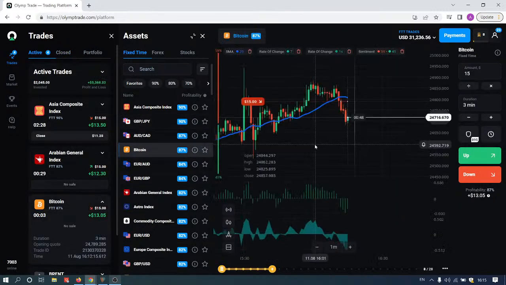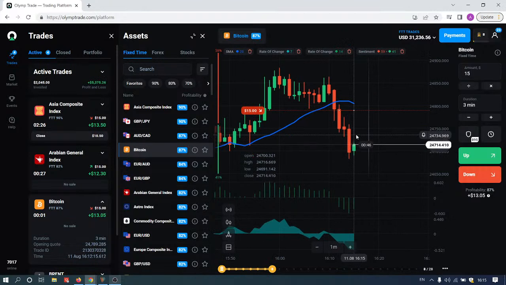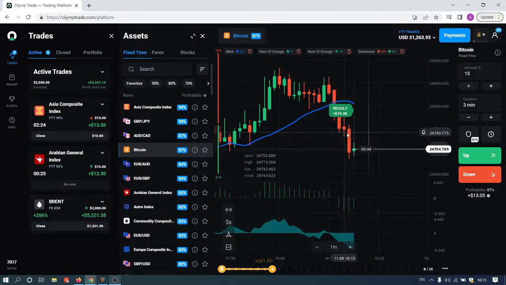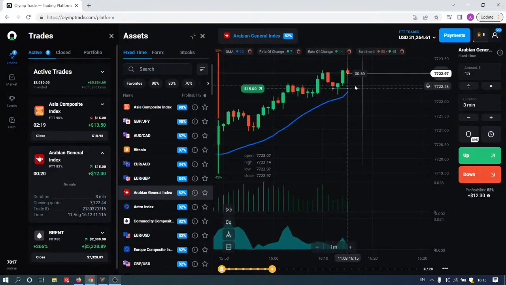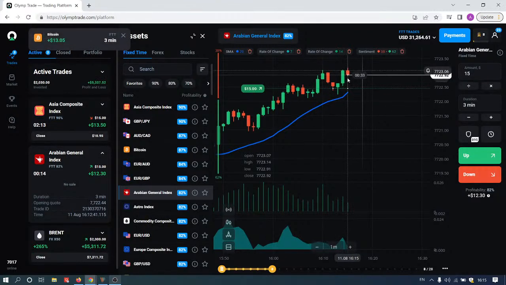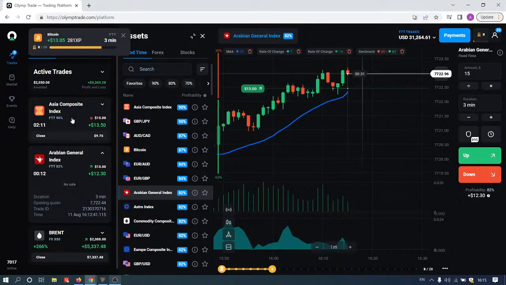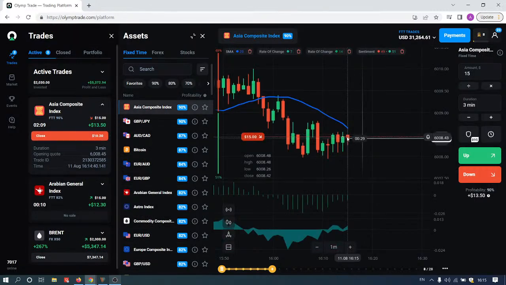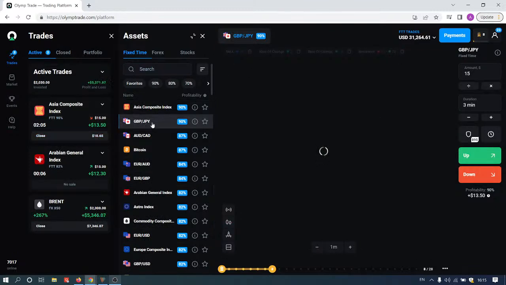Well, anyways, I continue trading. Now my Bitcoin trade closes with a profit. Arabian General Index, I'm pretty sure that it will close with a profit. I'm doing pretty good on this trade. And this one has 2 more minutes of trading.